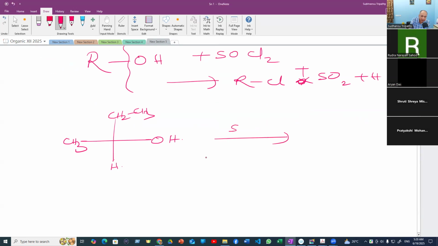You are giving SOCl2. Remember, if there is no solvent like pyridine, look to the solvent. If there is no pyridine, then it will be retention of configuration. The Cl will be there on the same side. This is retention of configuration.